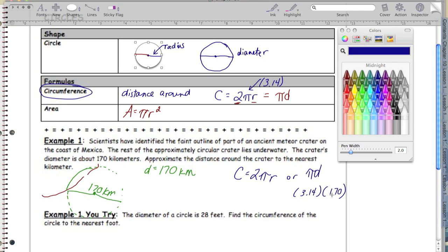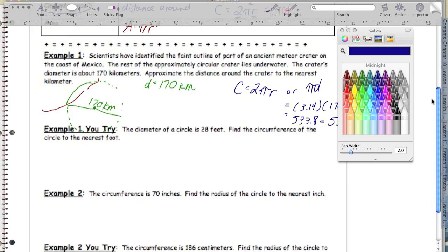Pull out your calculators. Again, you're allowed to use calculators here. I get 533.8. But they don't want it in any tenths. It says the nearest kilometer. So that means 534 kilometers is our circumference.